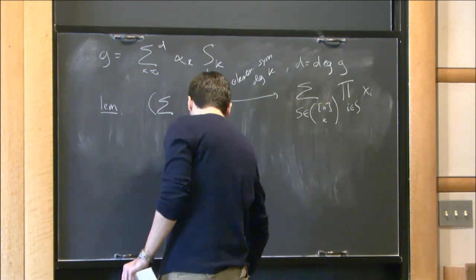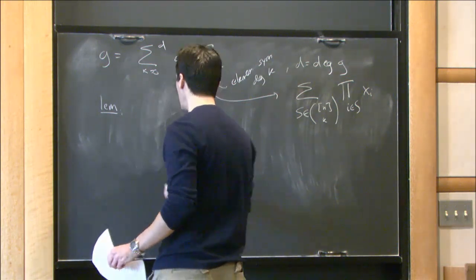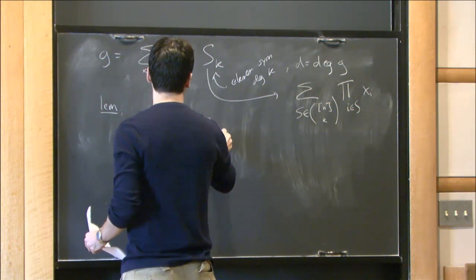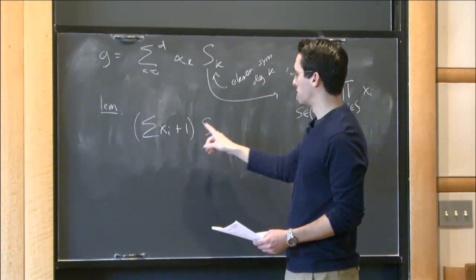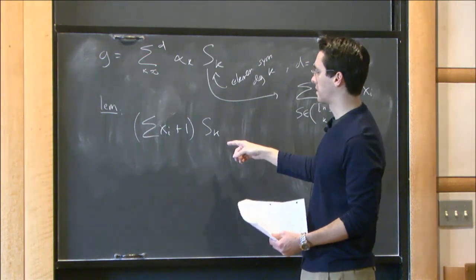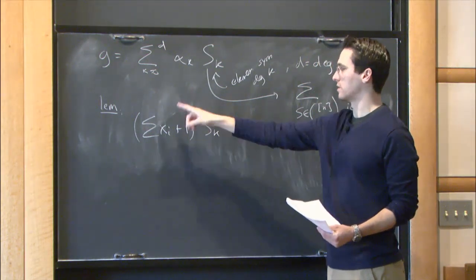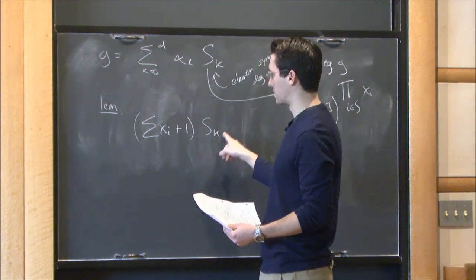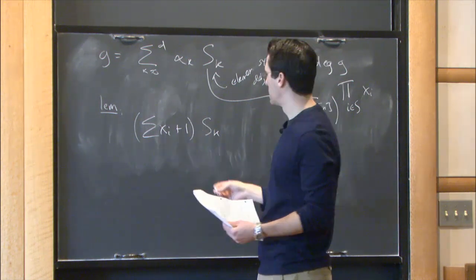So the lemma here is that if you take this subset sum axiom and you multiply by s_k, we want to understand what is the unique multilinear polynomial agreeing with this. This is not multilinear, because this depends on each variable and this depends on each variable.